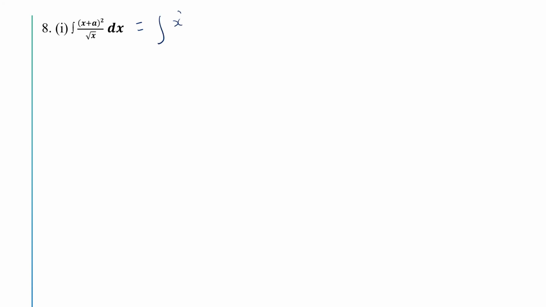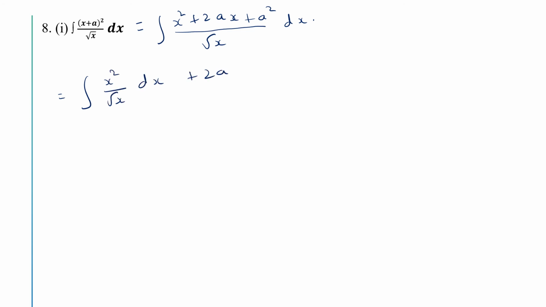So integral x square plus 2ax plus a square divided by root x into dx. So this is equal to integral x square by root x dx plus 2a integral x by root x dx plus a square integral 1 by root x dx.